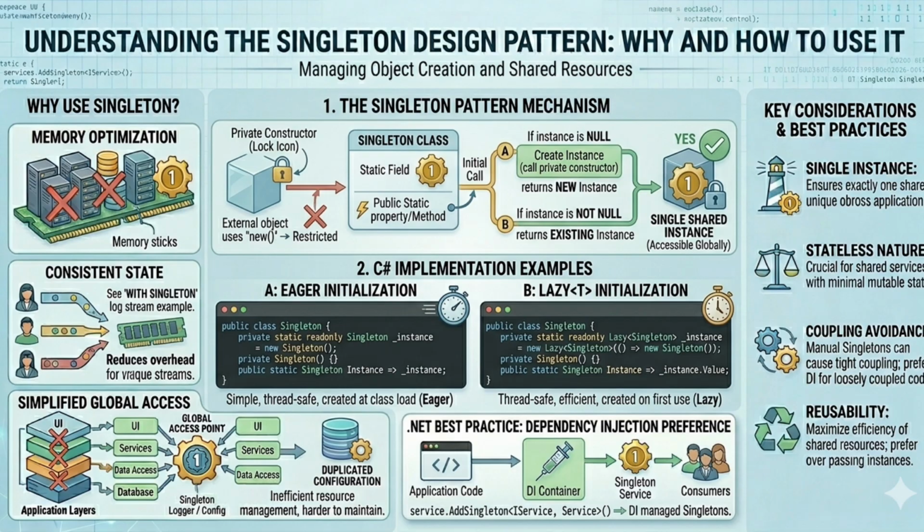The recommended approach is using Lazy, which provides built-in thread safety and efficient initialization. In ASP.NET Core, Singleton is often implemented through dependency injection, where services are registered as singletons and managed automatically by the framework. Overall, the pattern works by combining restricted instantiation, static storage, and controlled access to ensure a single shared instance.